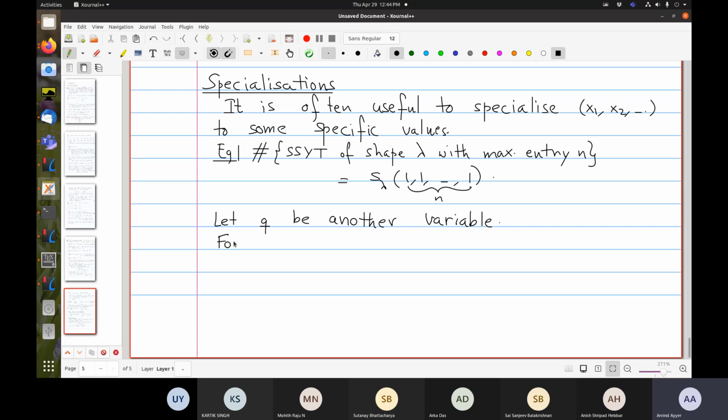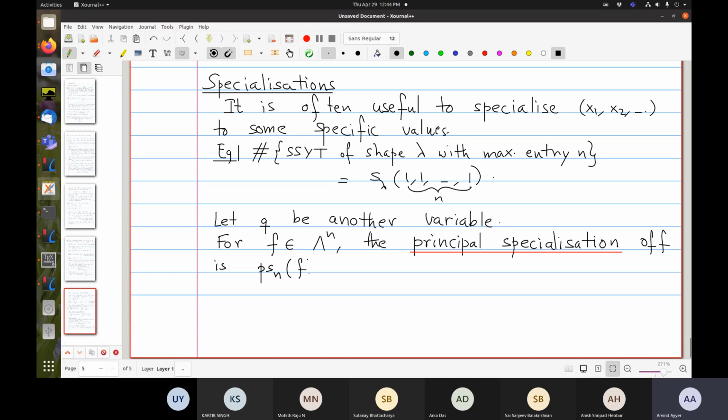For f in lambda n, so let's say we only have n variables, the principal specialization of f, denoted ps sub n of f, ps for principal specialization, is f evaluated at 1, q, q squared, etc. up to q to the n minus 1.